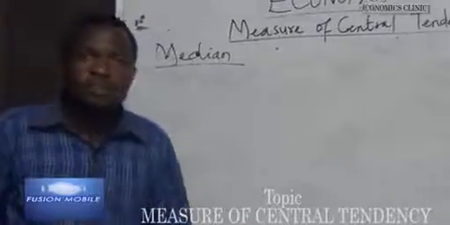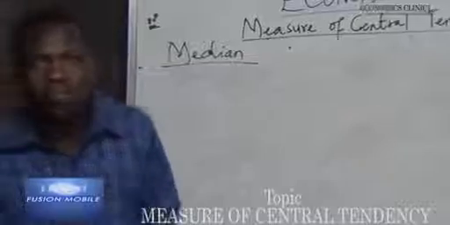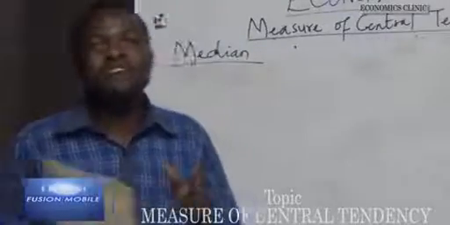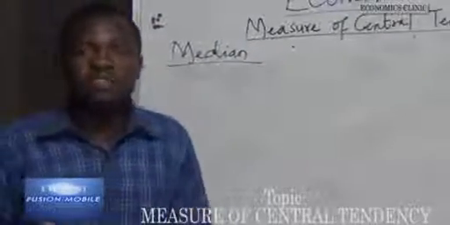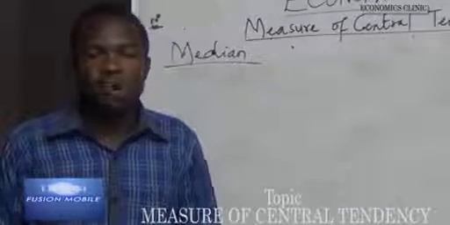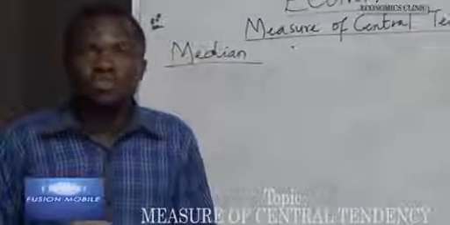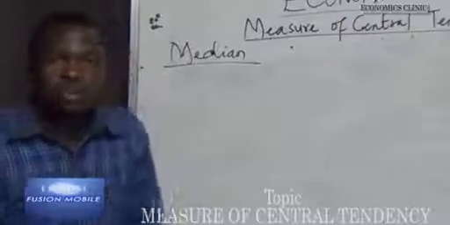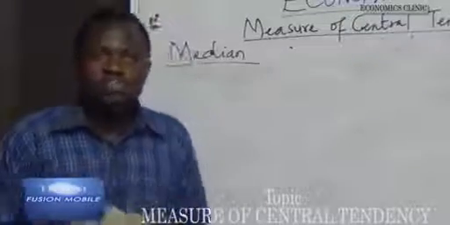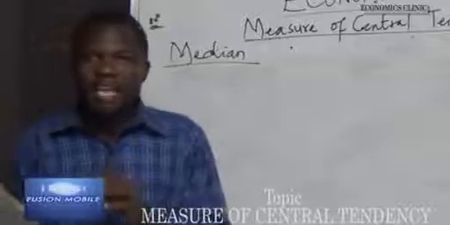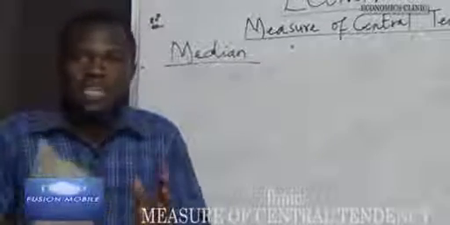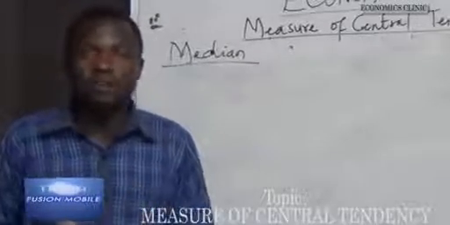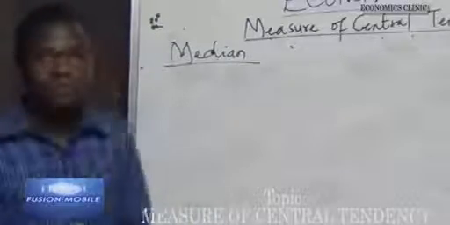Median. Median is the data value midway after rearranging the data in ascending or descending order. So to determine the median, we need to arrange it from ascending, that is from the lowest to the highest, or from the highest to the lowest. Then we determine the middle number, which is the median.